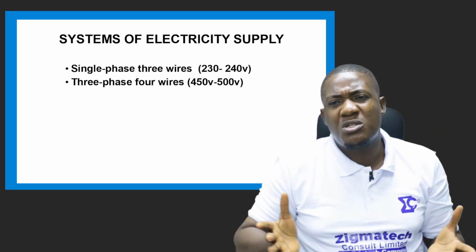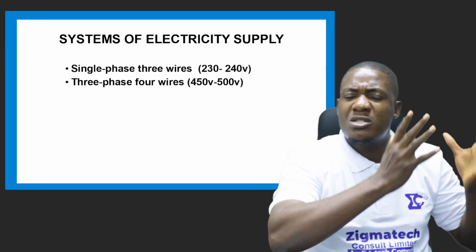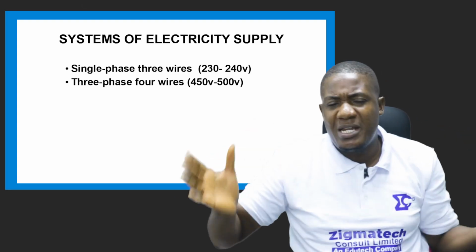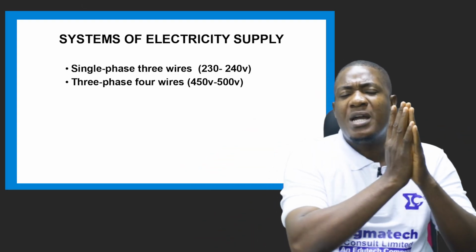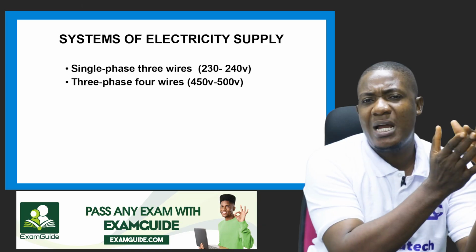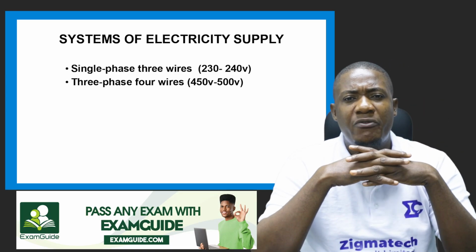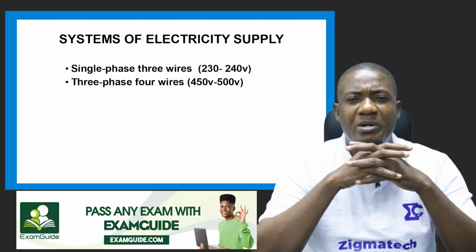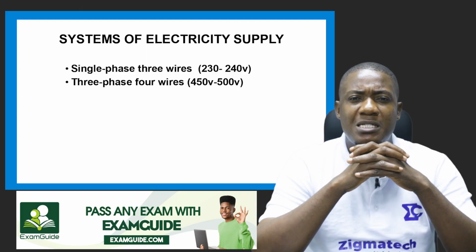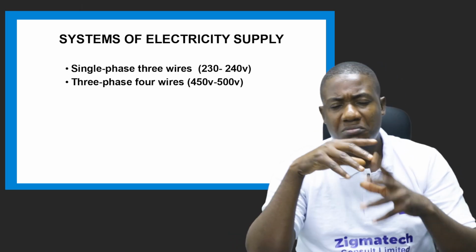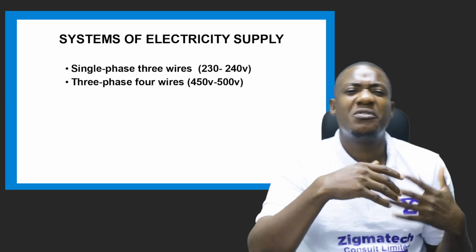But in situations where we have clusters of people, a lot of people in that area, let's say in urban areas, or industrialized areas too, then three-phase, four wires will be required. The voltages in these areas will range from about 415 volts to 550.